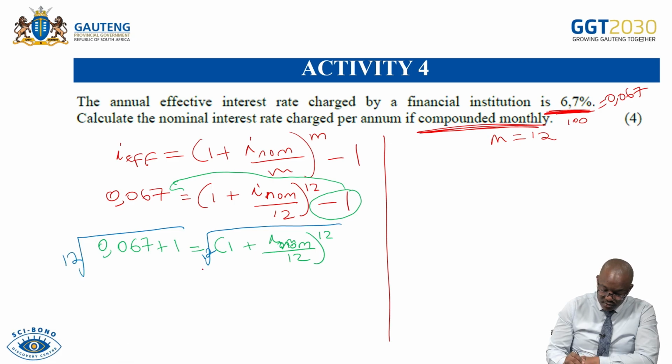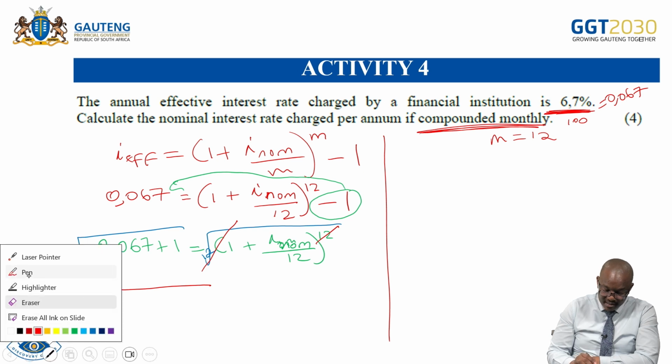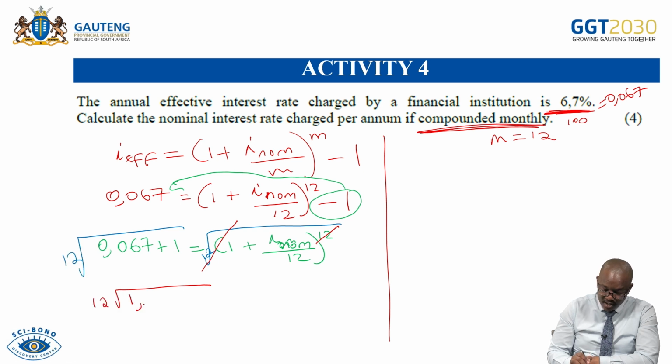We are going to cancel because we are removing them. Then we will be left with the 12th root of, we add what is inside there, 1,067, equal to 1 plus I norm all over 12.